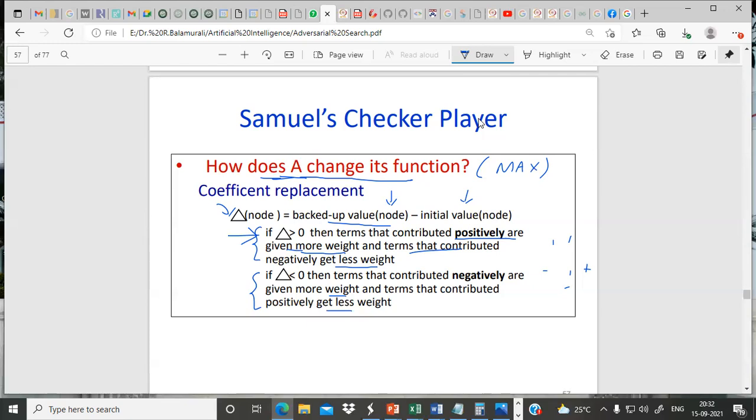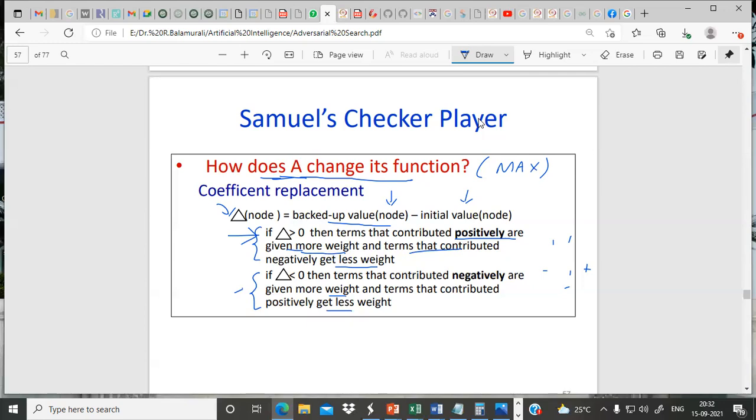So why are we doing this, you may ask? Because this is a path we don't want to take. See here, what actually happens is that the terms that contribute negatively are given more weights. Say some term is contributing negatively, so for that we are increasing the weight.